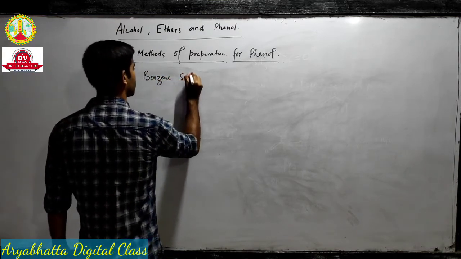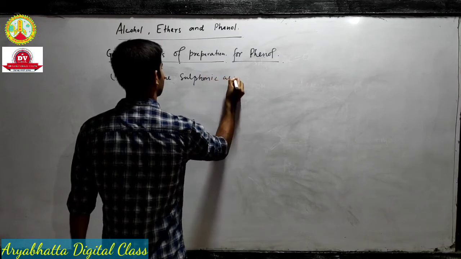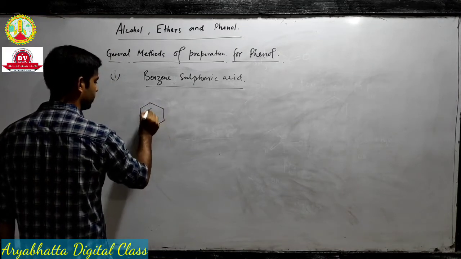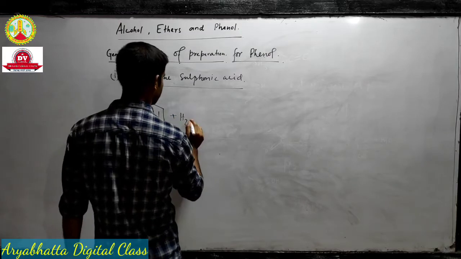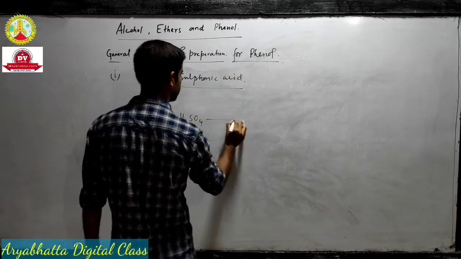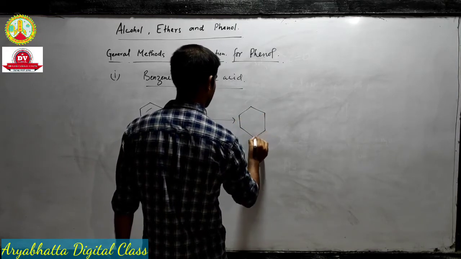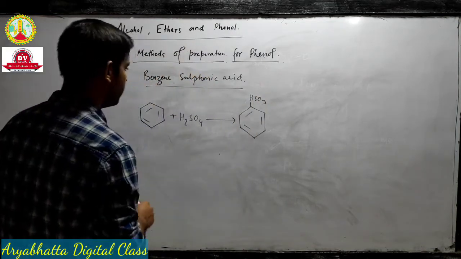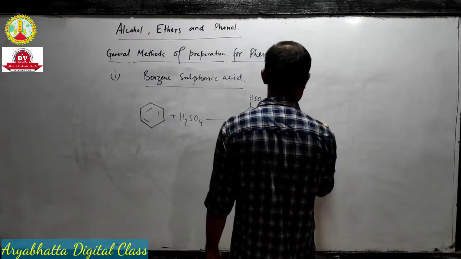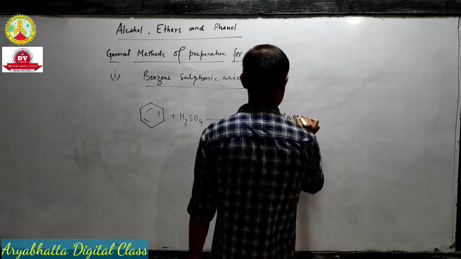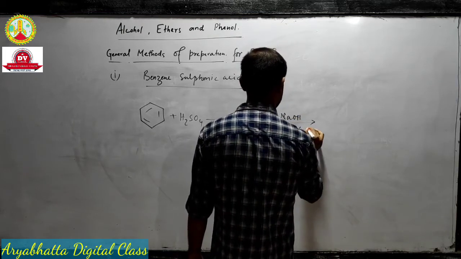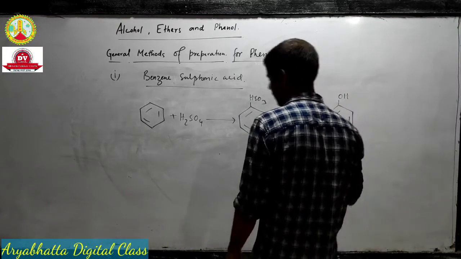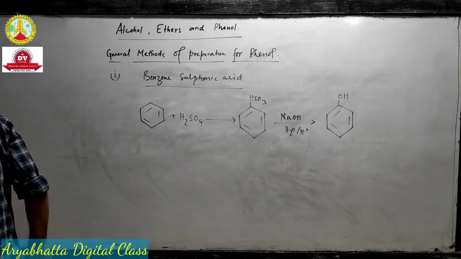So when benzene reacts with sulfuric acid, oleum or sulfuric acid, it gives SO3H, and if we take NaOH, then acid hydrolysis, we will get phenol.